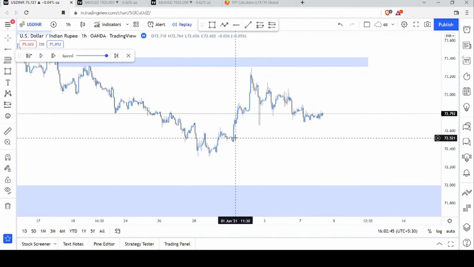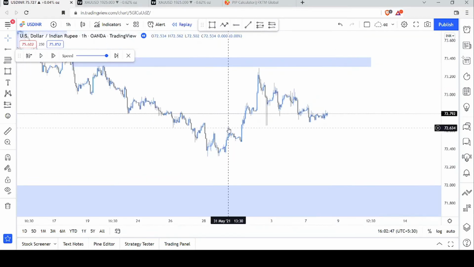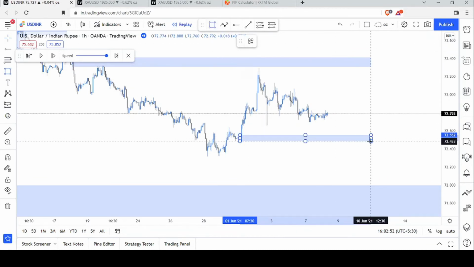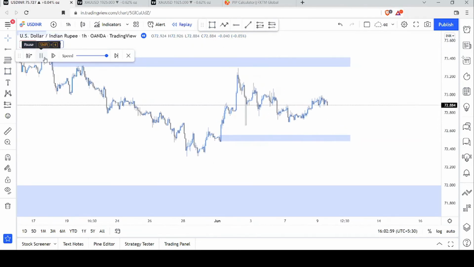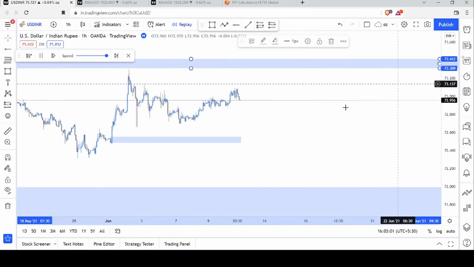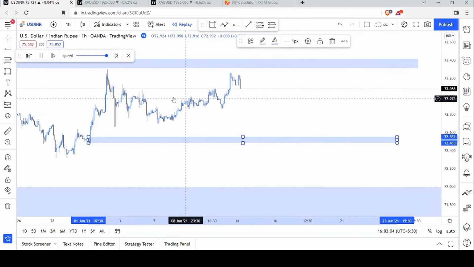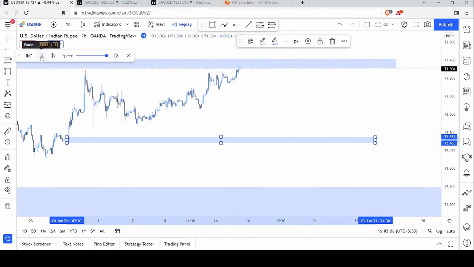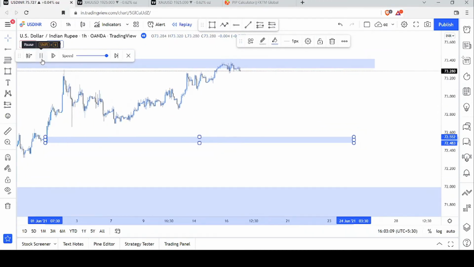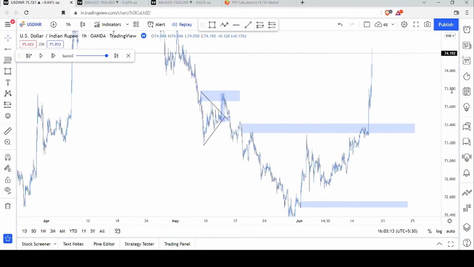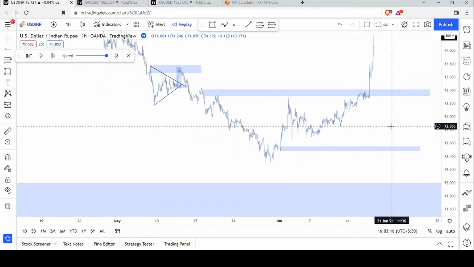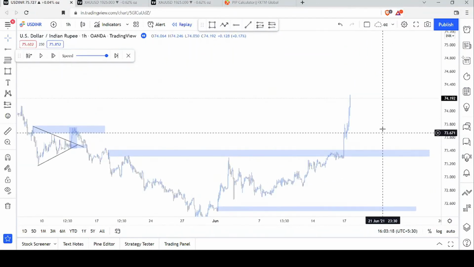Right, so here, break of structure right here, right? So we can expect when price comes to this, maybe it can give you some buy. All right, so price completely reverses from here.